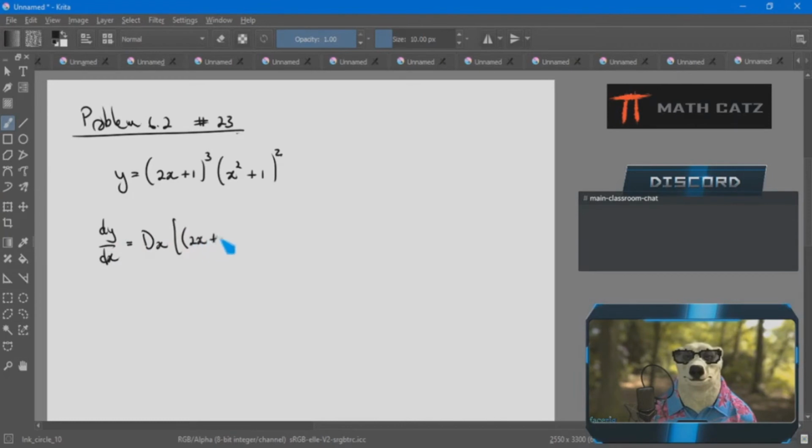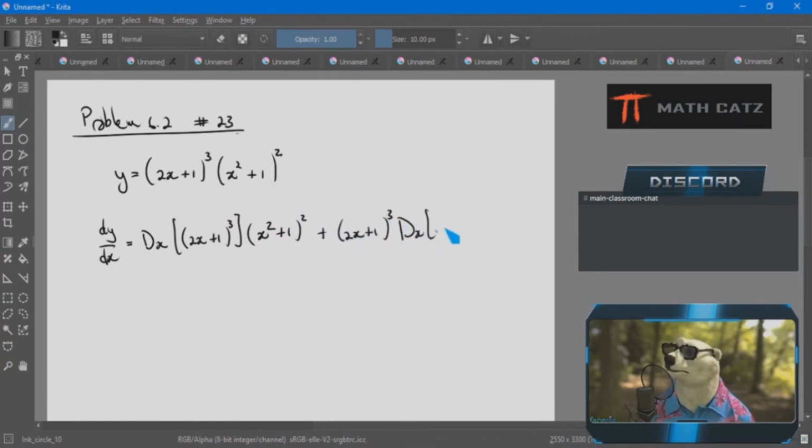And again, I'm not ready for this derivative maybe. I just want to write down what I still need to do. Times the second plus the first times the derivative of the second. I'm not ready for it. I'll look at it later and think what needs to be done.